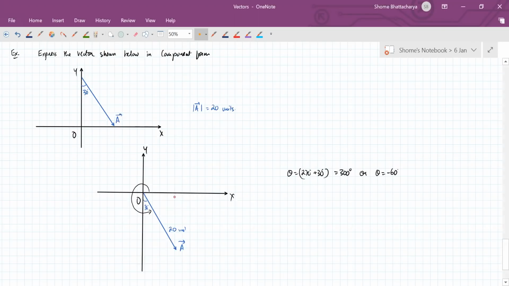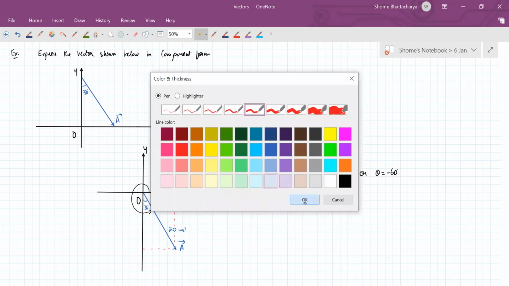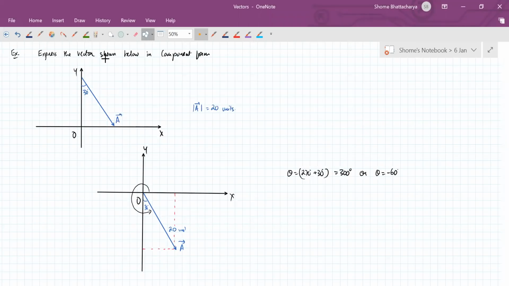So drop a perpendicular onto the x-axis, drop a perpendicular onto the y-axis, and logically you can understand here that the x component will be positive, whereas the y component will be negative. Straight away we can make that out.